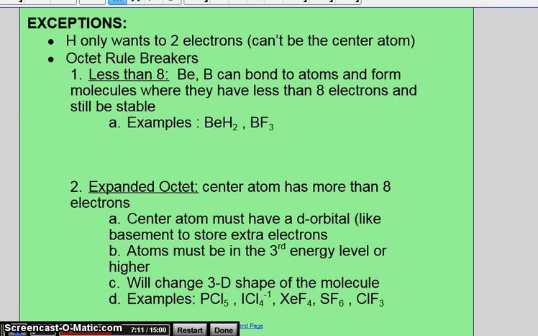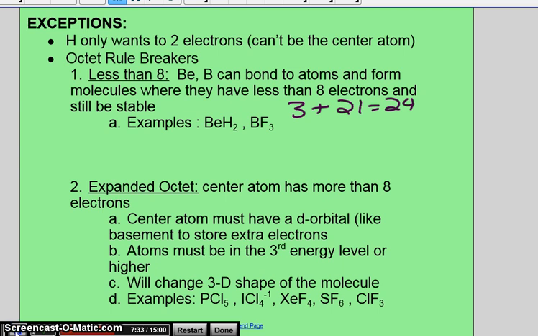Now, in the case of the BF3, when we count up, boron would be bringing in 3 electrons, and each fluorine brings in 7. So I know my total diagram is going to have 24 electrons.